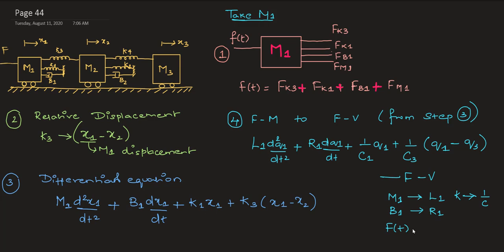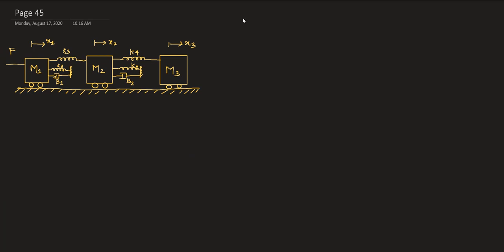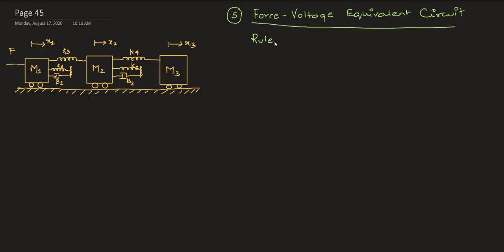For mass M1, the electrical equivalent is L1, B1 becomes R1, and K1 becomes 1 by C1. That is the force to voltage conversion for the differential equation shown in 3. Equation 4 gives your voltage or electrical differential equation. Good. Now we are ready to draw the circuit diagram for this mass M1.